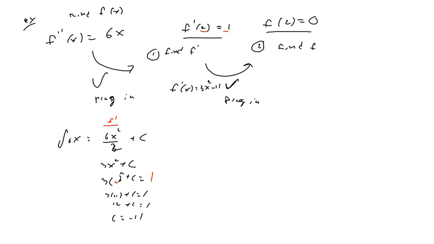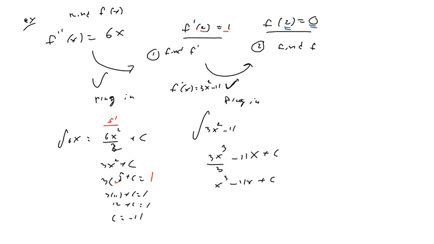And then I do the integral of that. 3x squared minus 11. That's going to be 3x cubed over 3 minus 11x plus c. So x cubed minus 11x plus c. Now I plug in 2 and get a 0 into this one. Plug in my 2, get a 0, right?